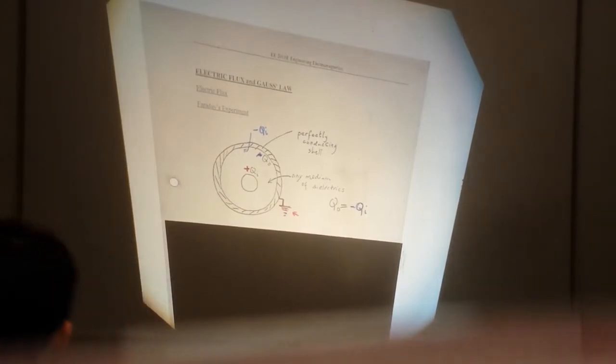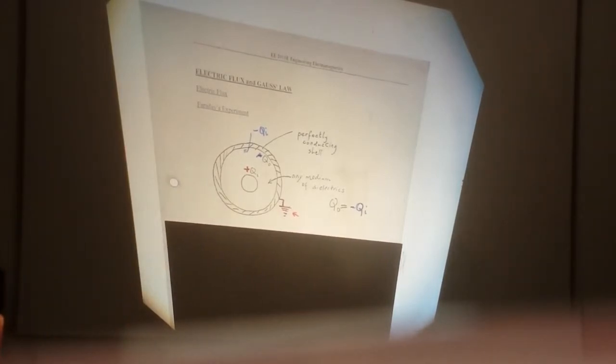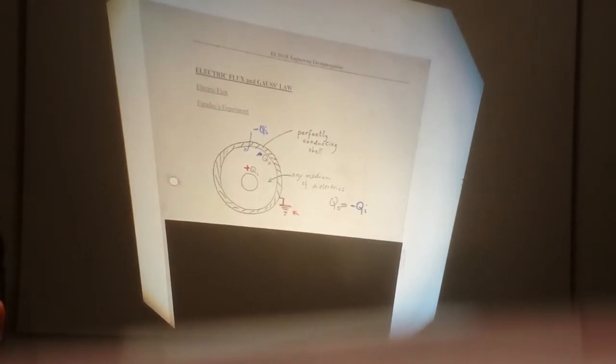Unfortunately, he died very poor because all his discoveries were stolen by his boss. Everything he discovered, his boss took credit for. His boss was a very rich guy. He preserved all his findings in the Royal Society, so Faraday couldn't get anything.